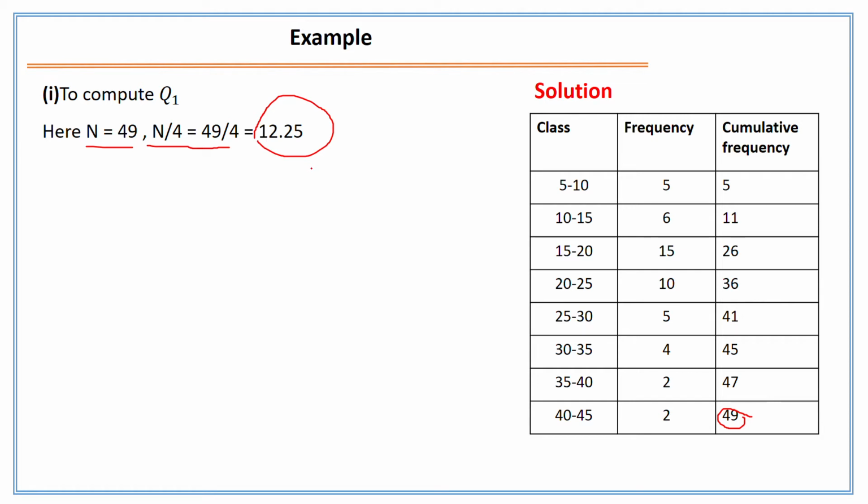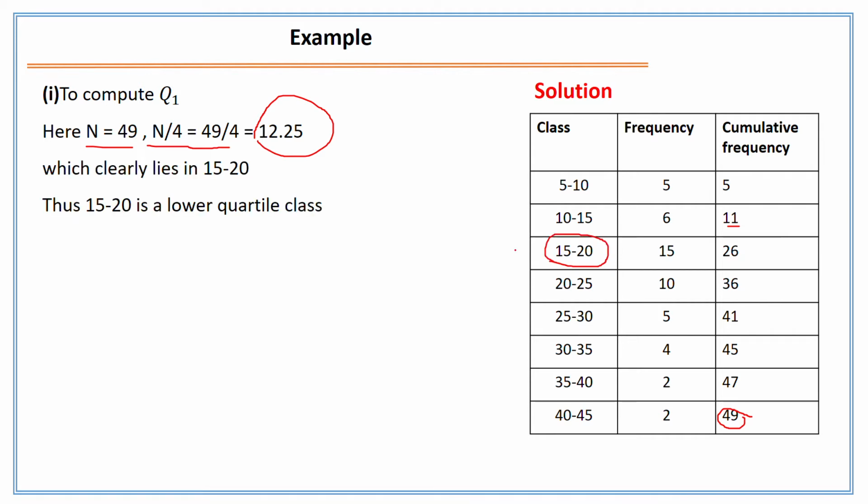Now we have to observe where 12.25 would be falling. It is greater than 11 but less than 26. So our quartile 1 class is 15 to 20, which is the lower quartile class.